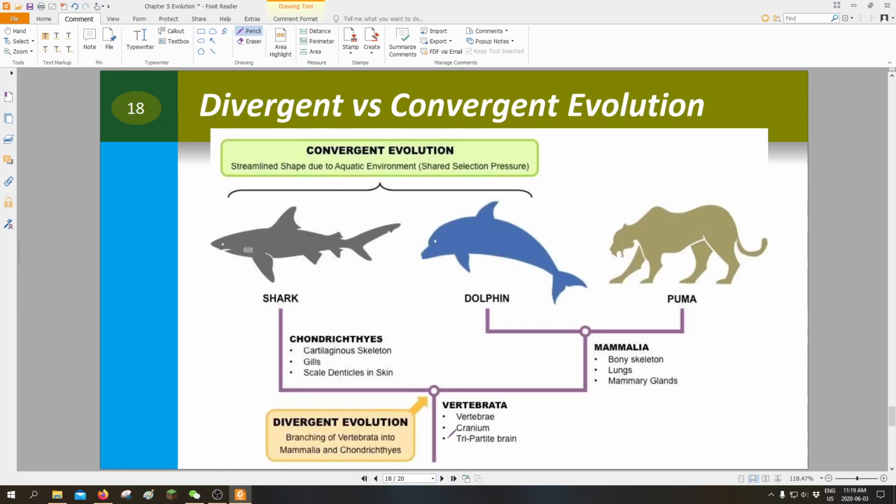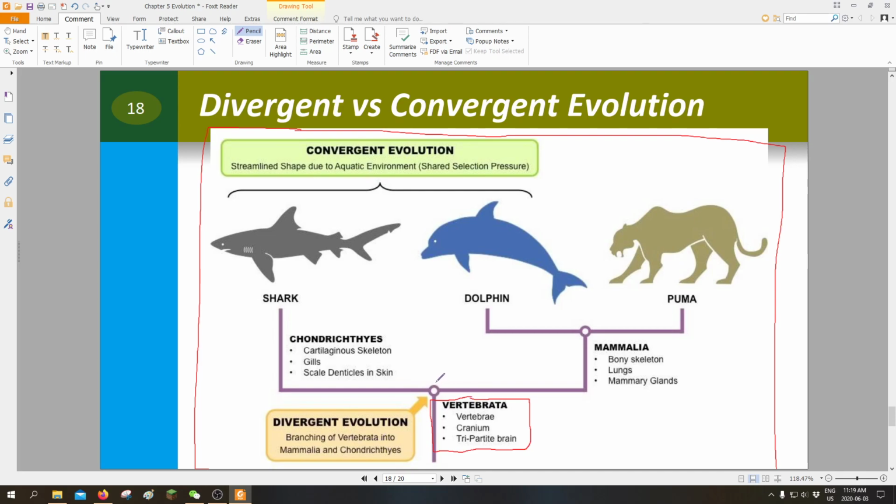Now, this is where you can see why they are not opposites of one another, okay? So divergent and convergent evolution can actually happen at the same time, or at least in the same evolutionary tree over here. So what we can say is, in the very, very distant past, we had the emergence of vertebrata, organisms with bones.